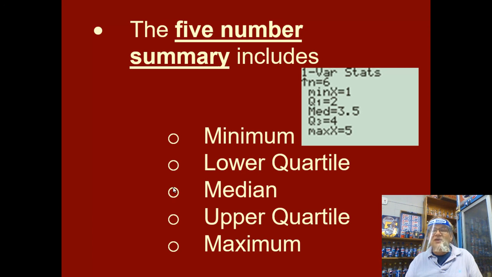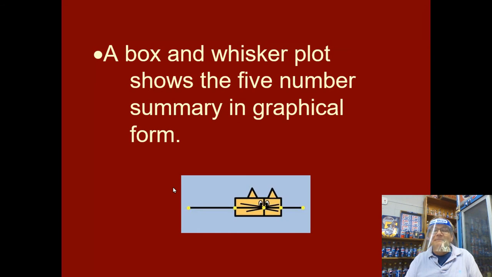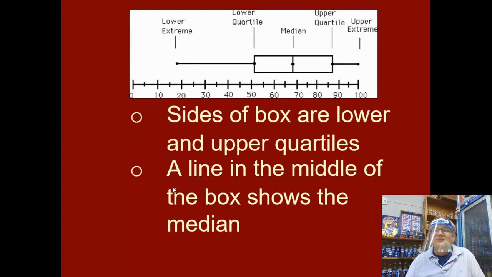You can also show that in a graphical way using what we call a box and whisker plot, which doesn't have to look like a cat, but can. What a box and whisker plot does is it shows you those 5 numbers along a number line. What you do is you make a box that has a line in the middle of it, and then little whiskers that extend out to the sides.